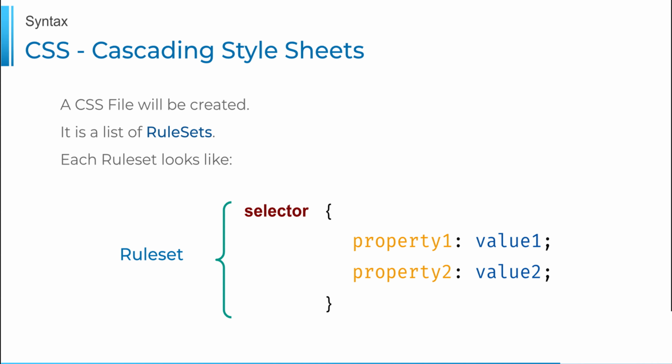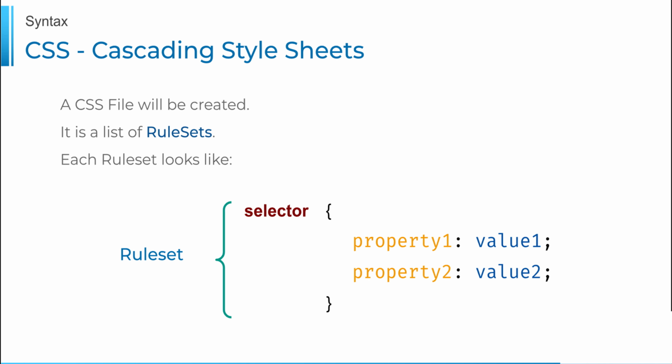First we write the property, then a colon, then we write the value of that property, and for closing it we write a semicolon. Likewise, for the next rule, property number 2, we write a colon, and then value number 2, then the semicolon. So in this way we need to write the rules inside the opening and closing curly braces. So this was the CSS syntax.